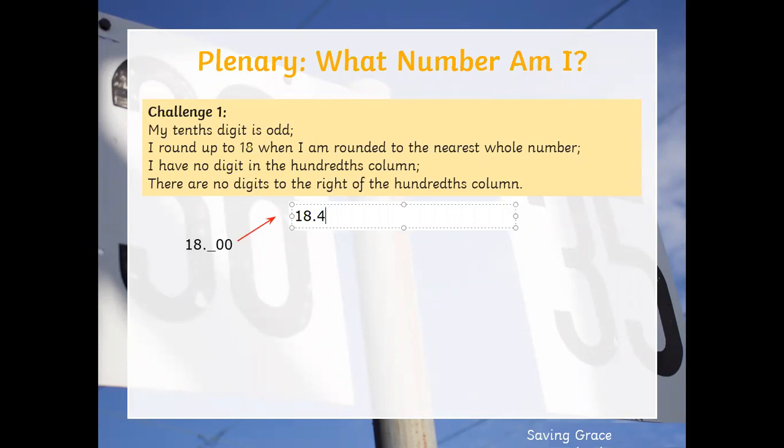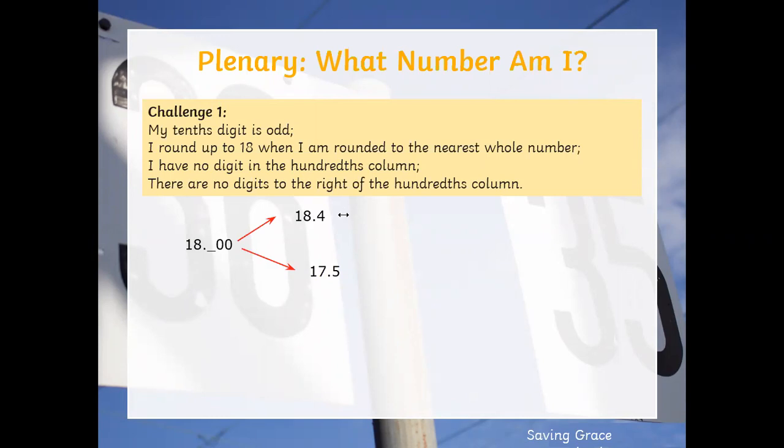That will give us 18. And then also for the lowest number, we can get 17.5. Now they say the tenths digit is an odd number, so it can't be 4.